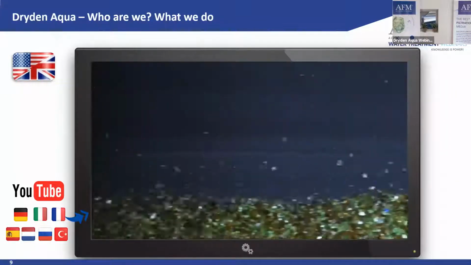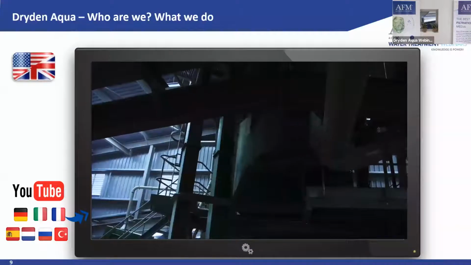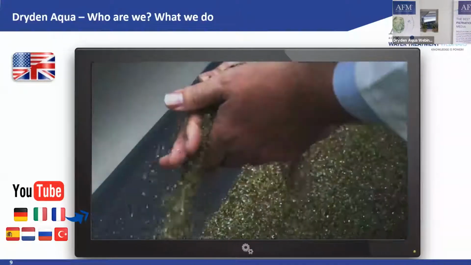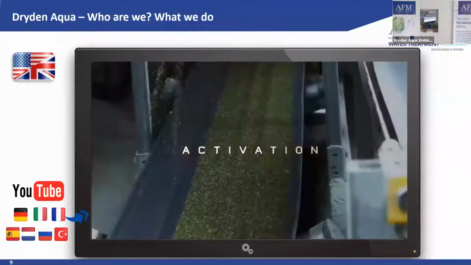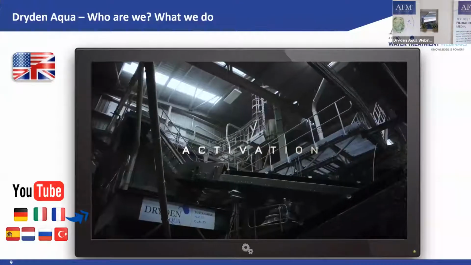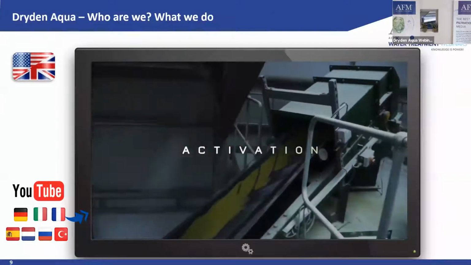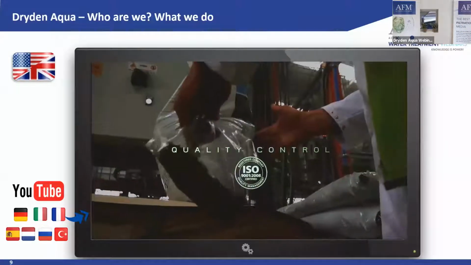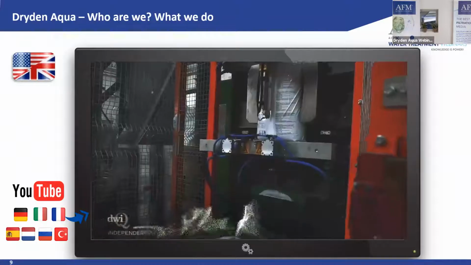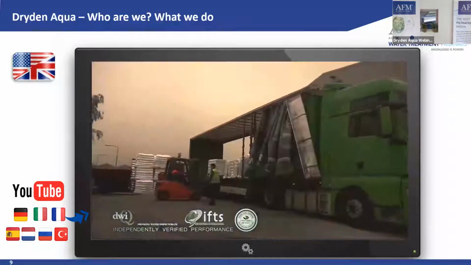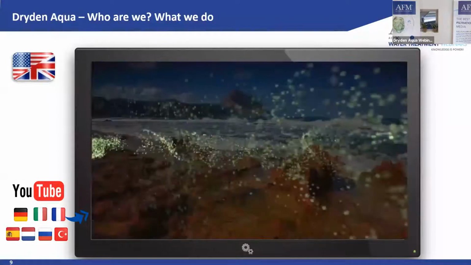The glass is spun in a cyclone and the particles are sieved to make the different size grades. The glass media is activated by a two-stage chemical process followed by a thermal curing process. AFM is packed into carbon-neutral plastic bags exported around the world.